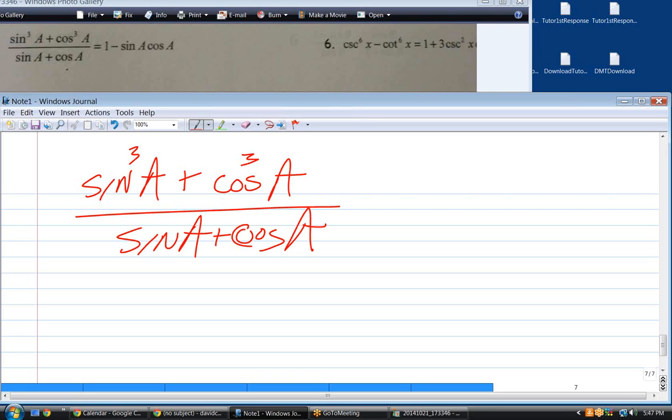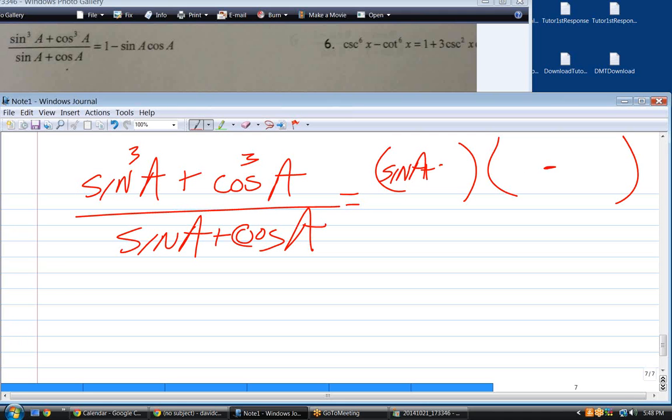What is the top? Sine cube, cosine cube. Sum of cubes. So use the factoring for sum of cubes. What does the top factor into? First term is linear. Second term is quadratic. First term has the same sign. Second term has a minus sign on the middle term.